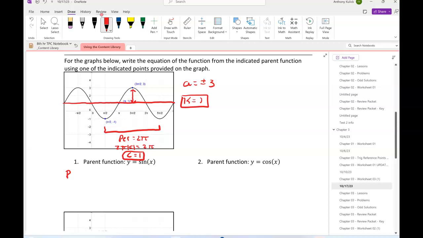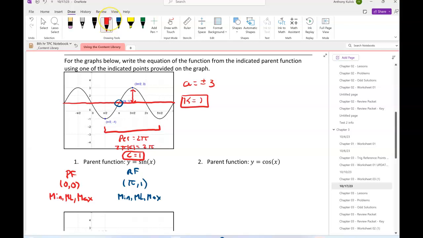For sine, from the parent function, I'm going to choose the point (0, 0). That point is a midline point that's preceded by a minimum and followed by a maximum. From the resultant function, I'm going to pick another midline point. I'll pick this one because it was labeled for us, which is (pi, 1). Preceding that midline point is a minimum, and following it is a maximum.